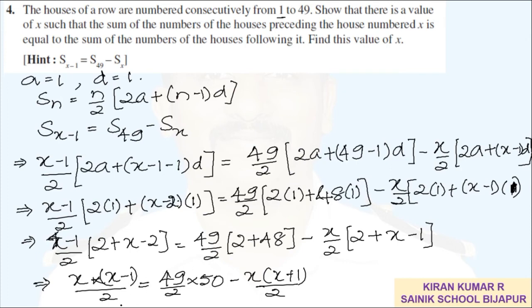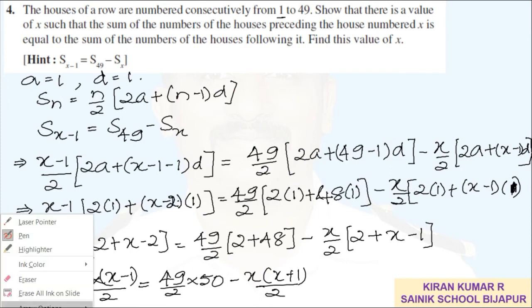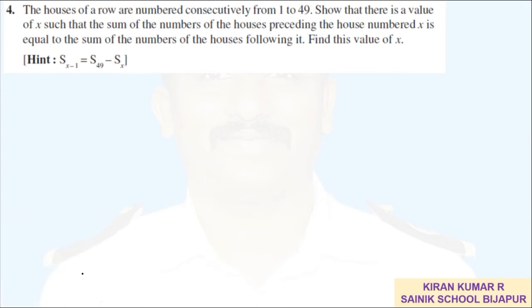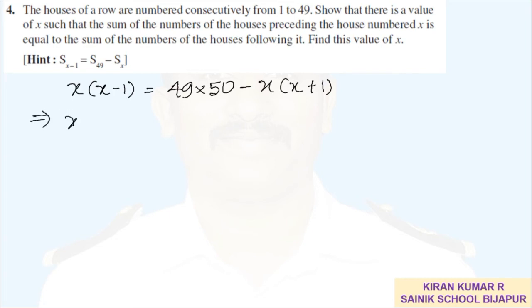What do I get? I'll be getting x times of x minus 1 equal to 49 multiplied to 50 minus x times of x plus 1. Let us simplify this. We'll be getting x square minus x equal to, the product is 2450 minus x square minus x.